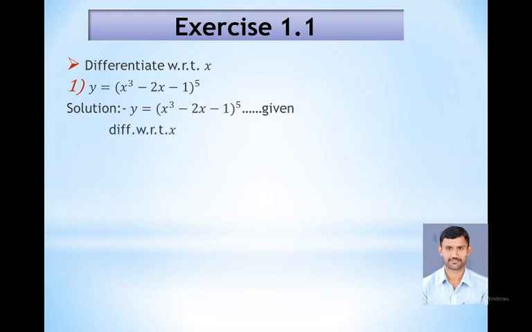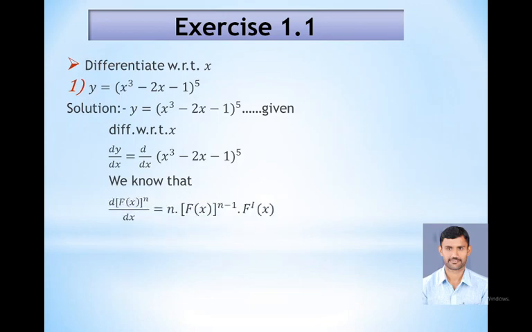Now, differentiate with respect to x. Therefore, dy by dx is equal to derivative of (x cube minus 2x minus 1) raised to 5. We know the formula, derivative of f of x raised to n is equal to n into f of x raised to n minus 1 into f dash of x.